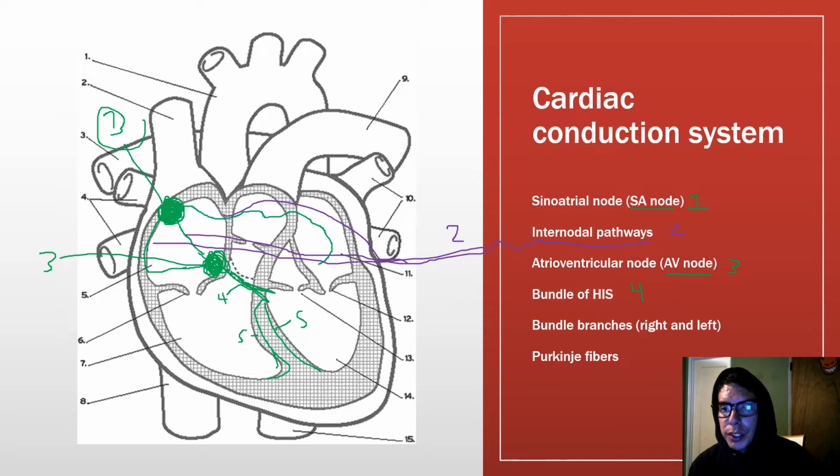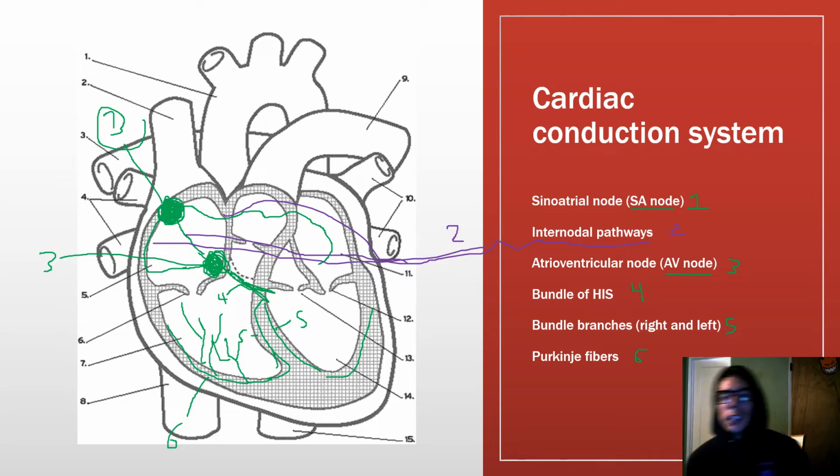So bundle branches, there's a right and left bundle branch, and then each one will go up the side of the heart like this, and it'll just kind of spread through various pathways and to all the individual cells of the ventricles. And these little fibers here are called the Purkinje fibers.